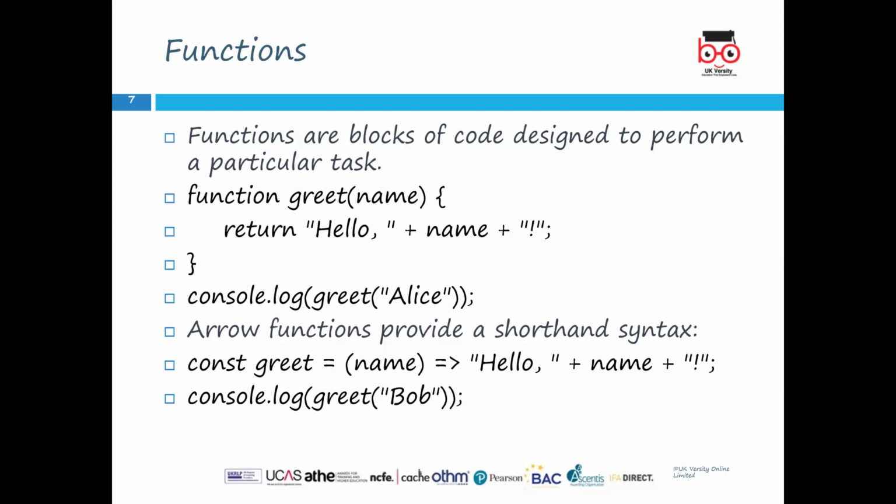So as we can see, functions are blocks of code designed to perform a particular task. Here we have an example of function greet, where we have our parameter, which is our name, and we want it to return something. We want it to return hello plus.